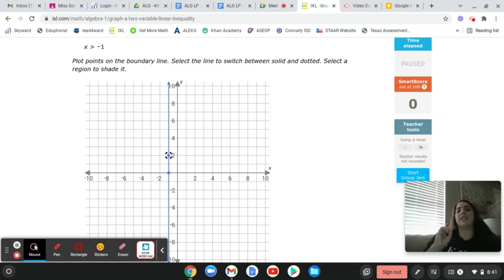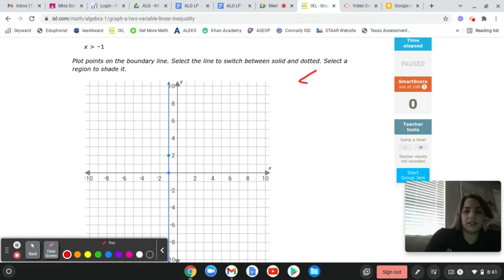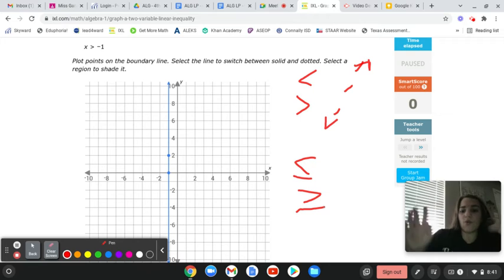Now remember, I said you had two things to remember. One is where to shade, and the other is, do you have a dotted line or a solid line? So as a quick reminder, inequalities that look like this get a dashed line, dashed, dotted, whatever. If you have inequalities that look like this, the or equals to, technically means that you do not need to draw the dotted line. It's not smaller than or bigger than, it's also equal to.